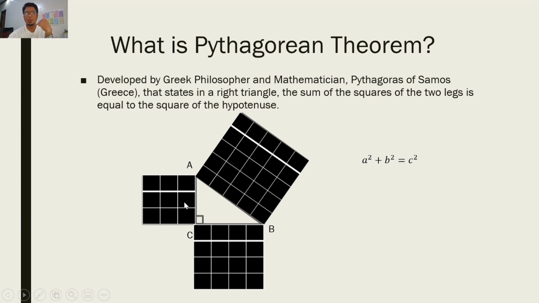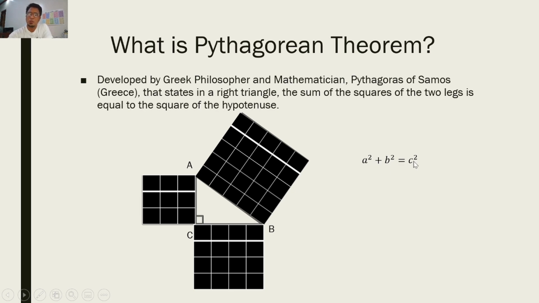Sa akin lang to, you can adopt it if you want to, pero hindi ito mandatory. Ito lang ginagawa ko. And then yung B, base, nakahiga. So, ganun lang po kasimple. So, this is the Pythagorean formula that we will be using dito po sa ating klase.